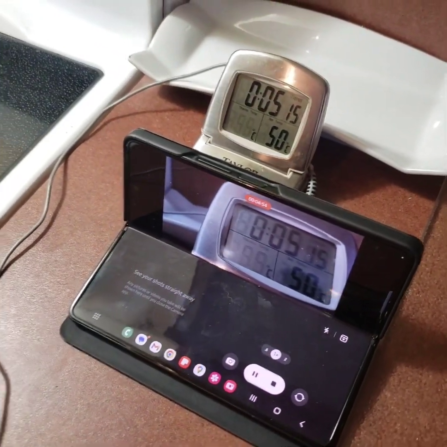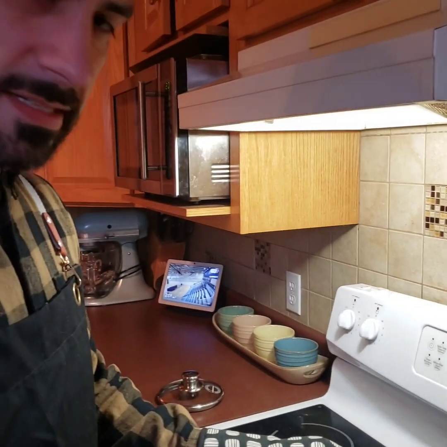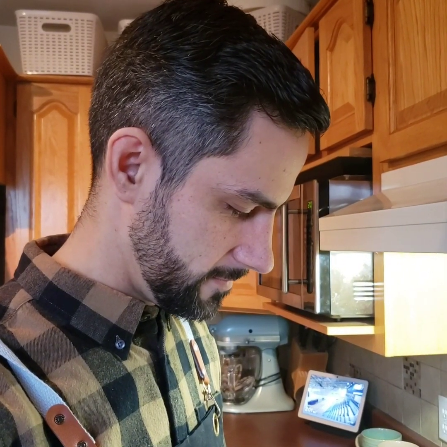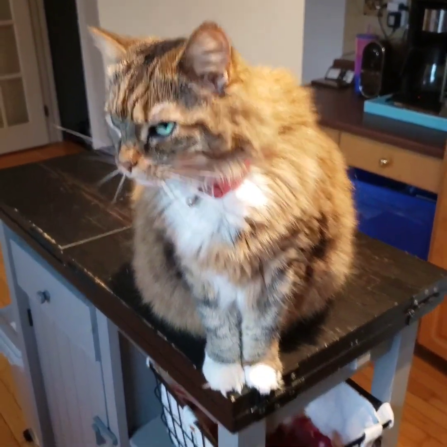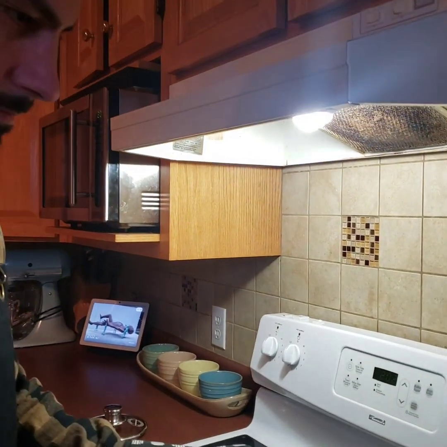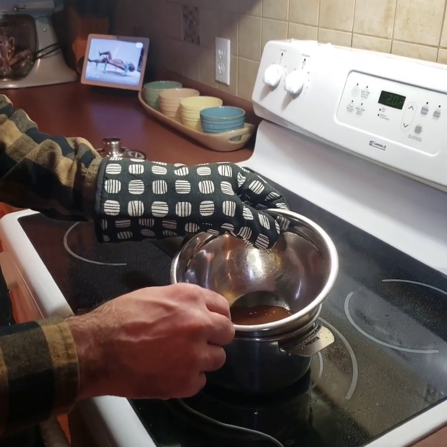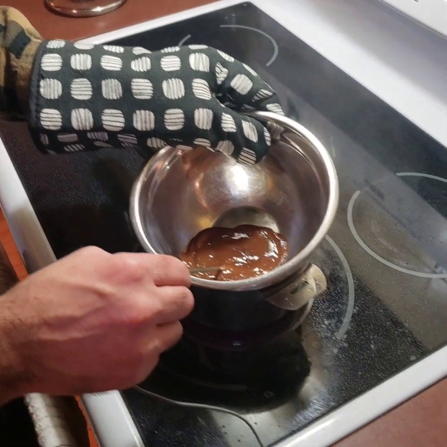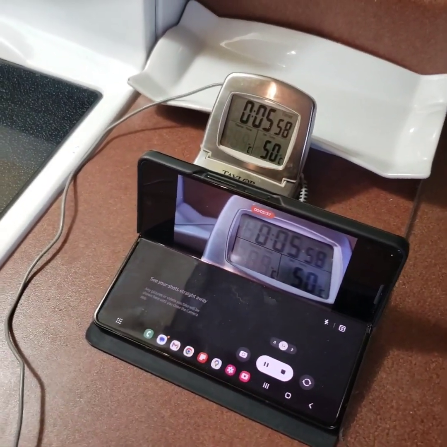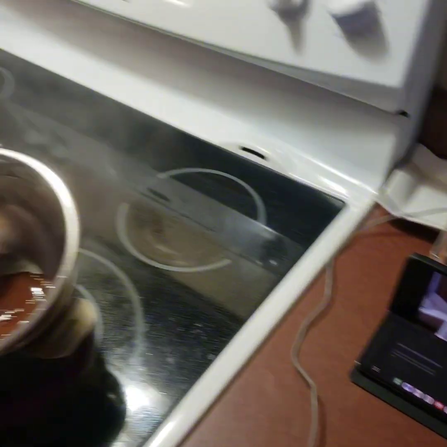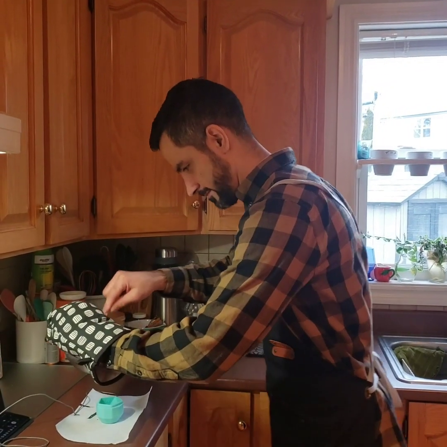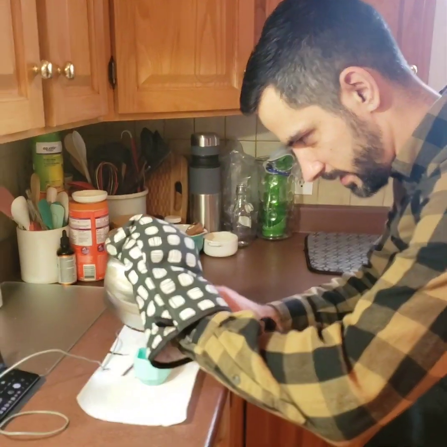Once I'm done melting the chocolate, I'm going to put this into a D20 dice mold that I have so that I can have a cool piece of chocolate. We're just going to carefully get this into the mold.